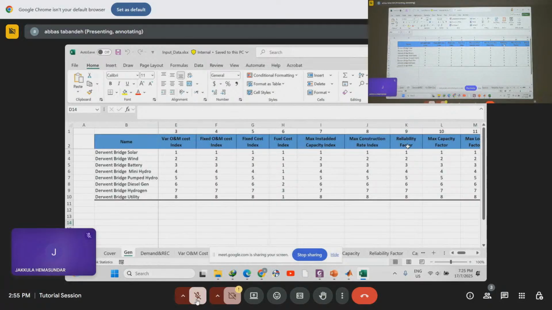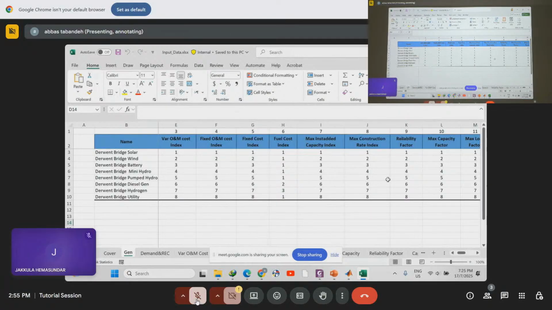And we have a reliability factor that shows, for example, if the microgrid wants to move from grid connected mode to isolated mode due to faults or any reliability issues in the system or any events that may happen, in emergency situations we are required to maintain, for example, 80% of the loads as emergency loads, or 50% of the loads.